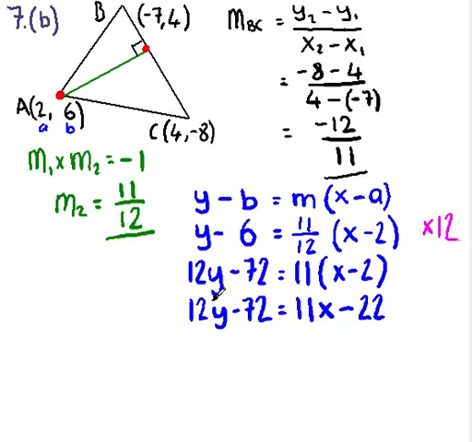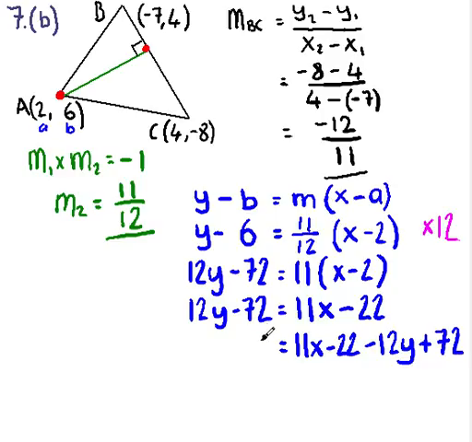What we'll do now is collect everything to the one side. So this time we'll bring the 12y and the minus 72 onto the right. So we already have 11x here. We have minus 22, and 12y will become minus 12y, and minus 72 will become plus 72.